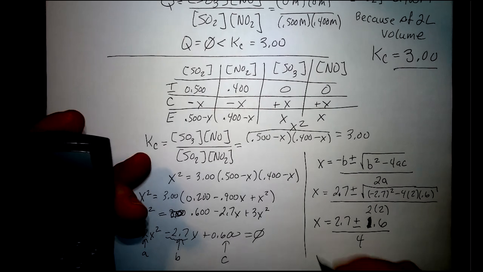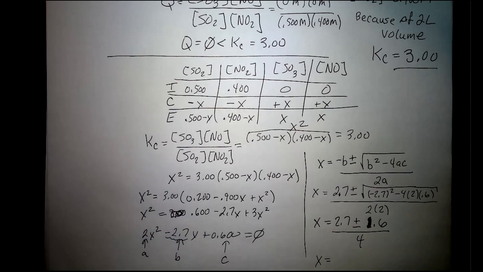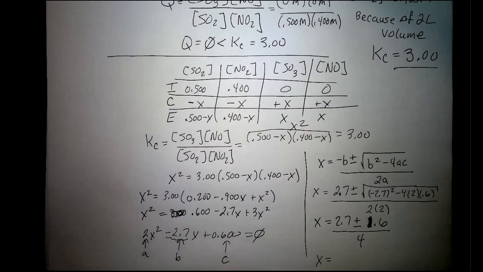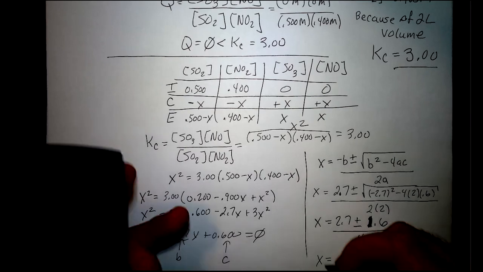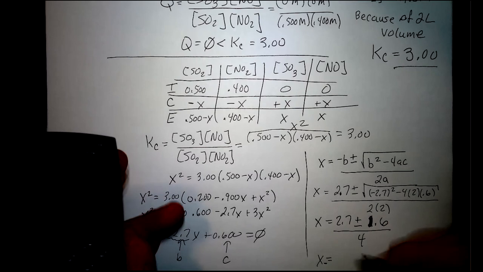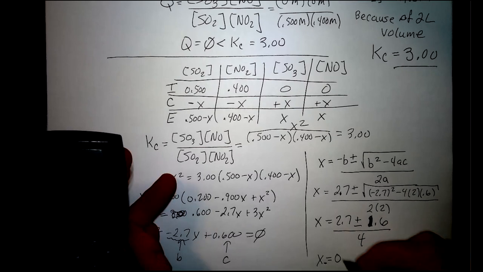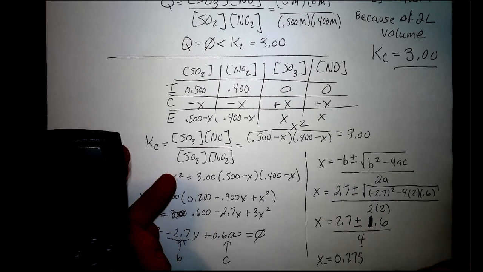And so x can be either the plus or the minus case. We'll have to use a little common sense to decide. So 2.7 minus 1.6 divided by 4, the minus case, is going to be 0.275.